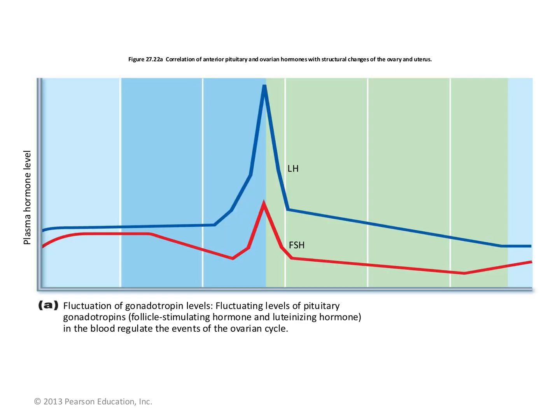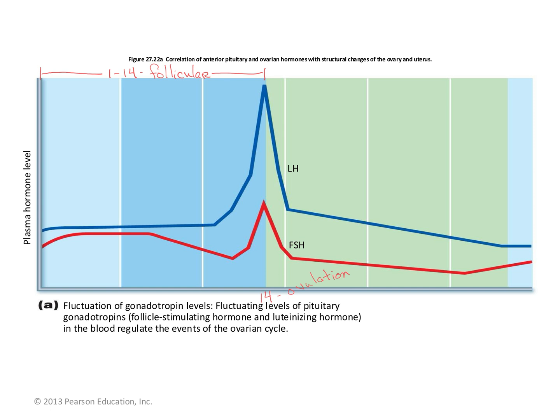So if we divide the ovarian cycle into two phases, day 1 through day 14 is our follicular phase, because that's the period of follicle growth. At day 14, we get ovulation.